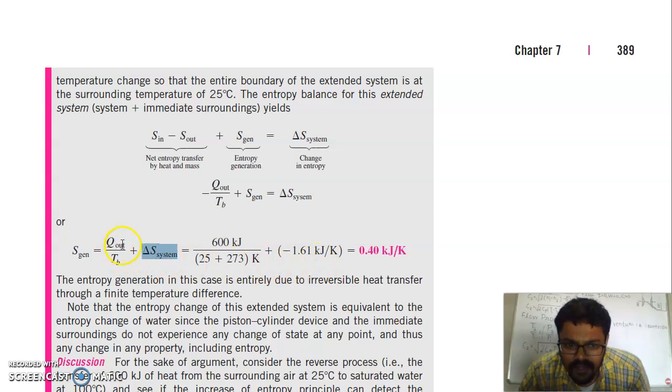Q out is 600. Heat transferred to the surrounding is 600, taken by the surrounding is 600, and the temperature of the surrounding is 25. So S generation is equal to 0.40. So the entropy generation in this case is entirely due to the irreversible heat transfer through a finite temperature difference.